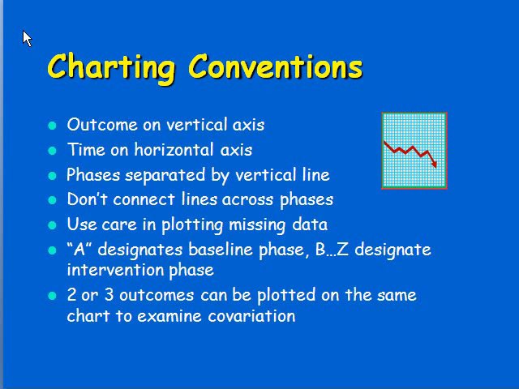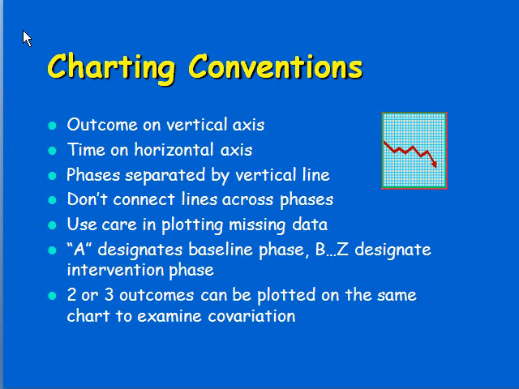And as I mentioned, I believe in chapter 2, the letter A always designates the baseline phase, where letters B through Z designate intervention phases. And then when you have a combination of phases, you'll have BC together.